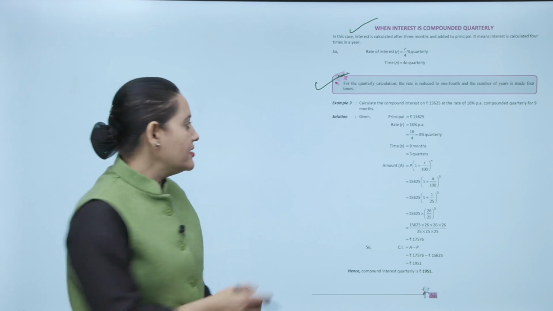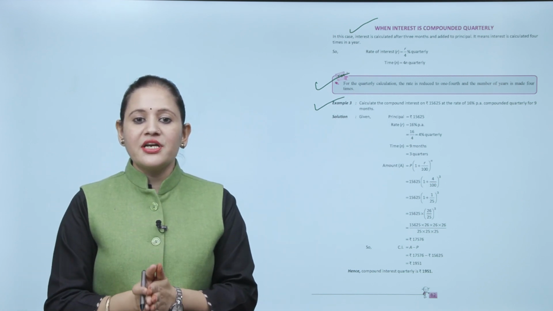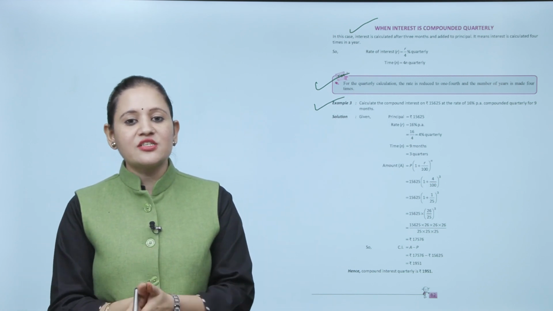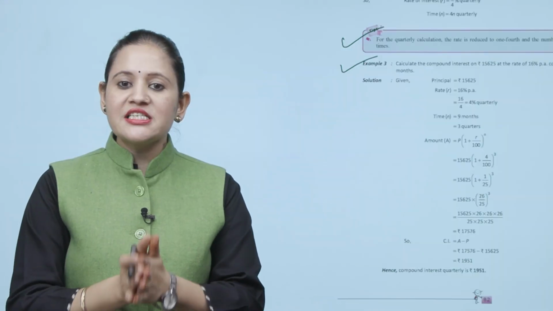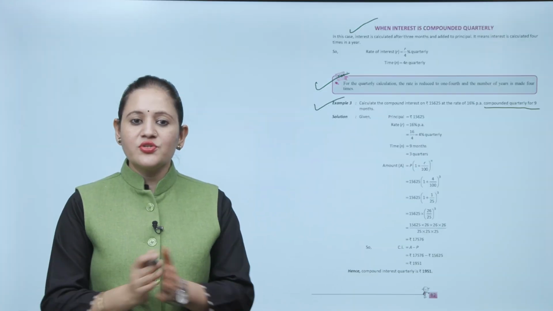Now we'll take an example. Calculate the compound interest on rupees 15,625 at the rate of 16% per annum compounded quarterly for 9 months. So what will the solution be?